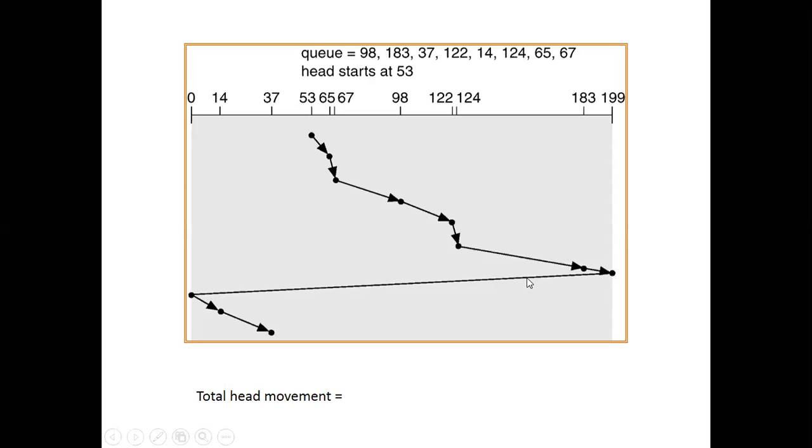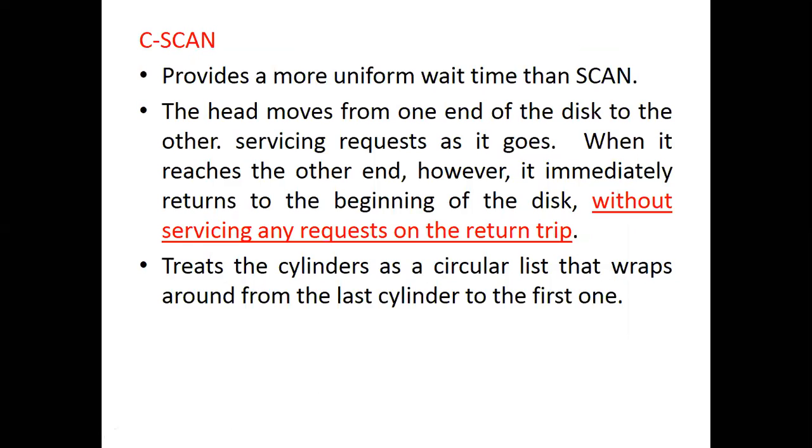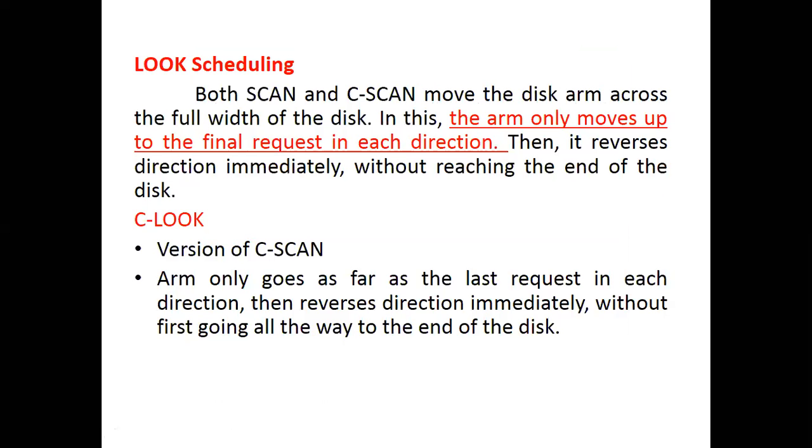During my reverse trip, you should not service any request. From the other end, I can move in the right side direction, so I am servicing the pending requests 14 and 37. So this is called C-SCAN scheduling. During the reverse trip, you should not service requests. Other than that, it is very similar to SCAN scheduling.